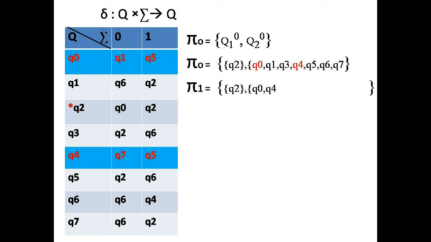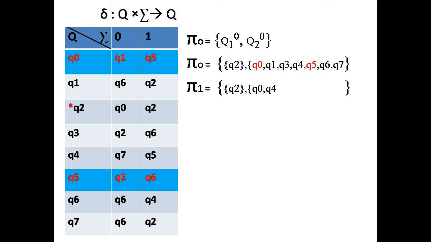These Q1 and Q7 states are in the same set in pi 0. Q0 and Q4 on 1 input symbol go to Q5 and Q5. Q5 is in the same set in pi 0. Therefore Q0 and Q4 are pi 1 equivalent. We add Q4 with Q0 in pi 1 equivalence.